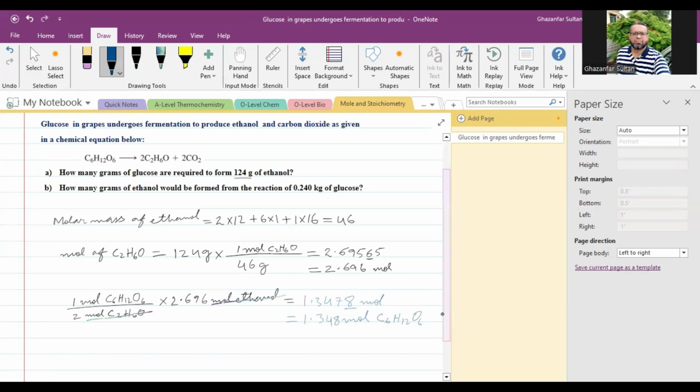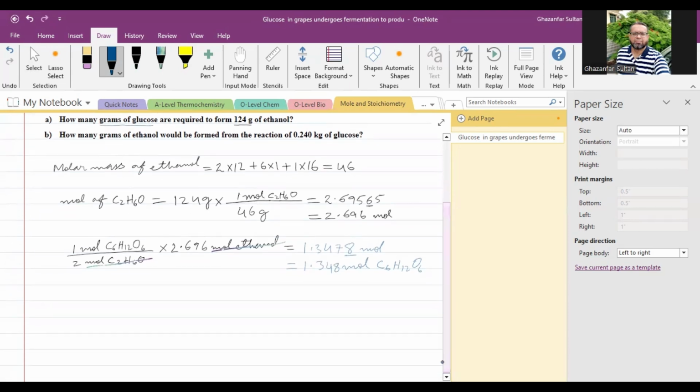Now you need the grams of glucose, not the moles. So convert these moles into gram. For this, you need the molar mass of glucose. So calculate the molar mass of glucose, that is C6H12O6. So 6 multiplied by 12, plus 12 multiplied by 1, plus 6 multiplied by 16.